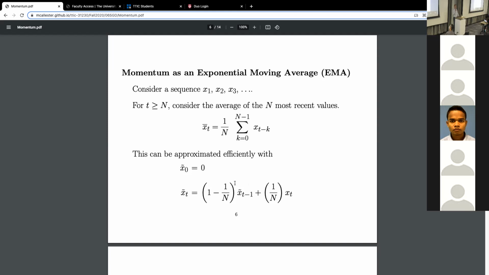If I give it an initial value and then nothing, that initial value decays exponentially, right? It's getting multiplied by 1 minus 1 over n every time. And that decay after capital N steps is exactly 1 over e. So it's analogous to this capital N size moving average. Good.